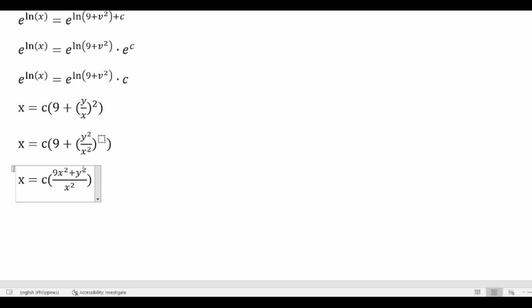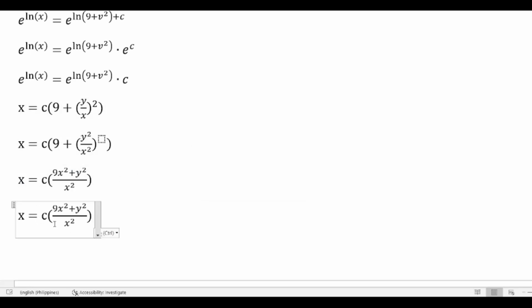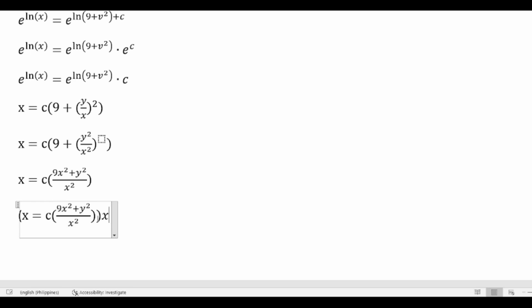Alright. Now, of course, we're not yet done. After this one, we can still simplify furthermore. How? Oops. I think I should tab there. By multiplying both sides by x squared. Oops, we didn't square it. Sorry. Why is it not raising?